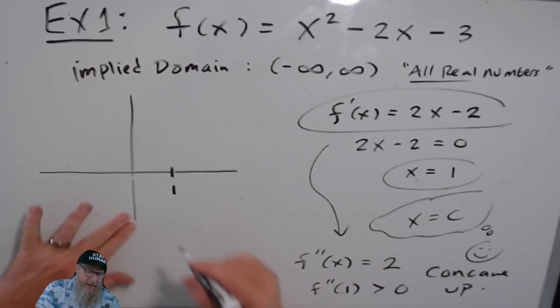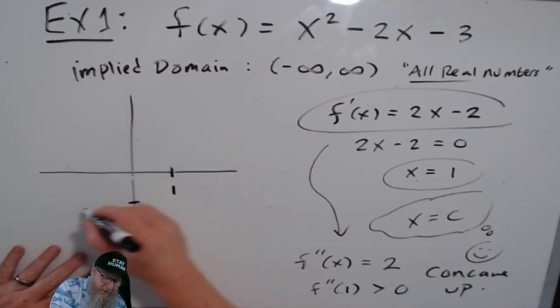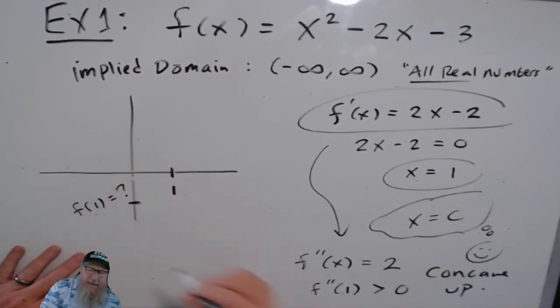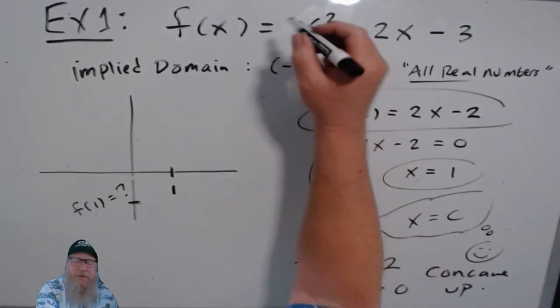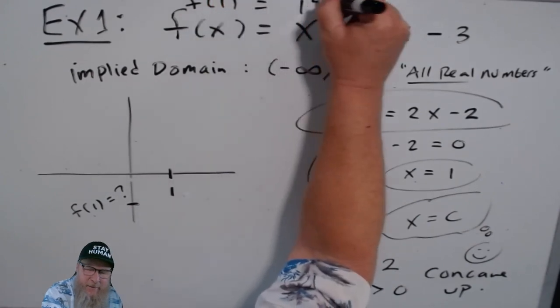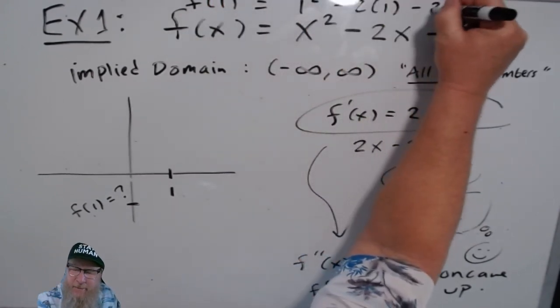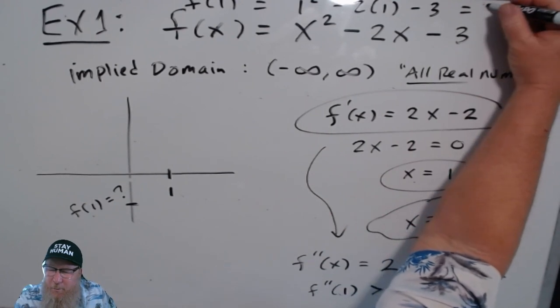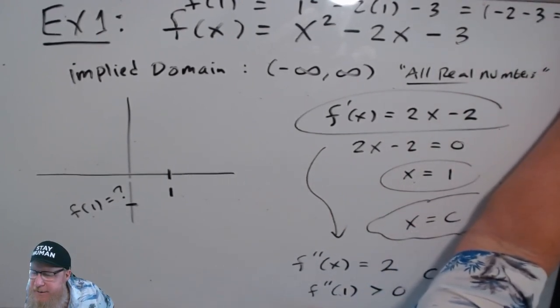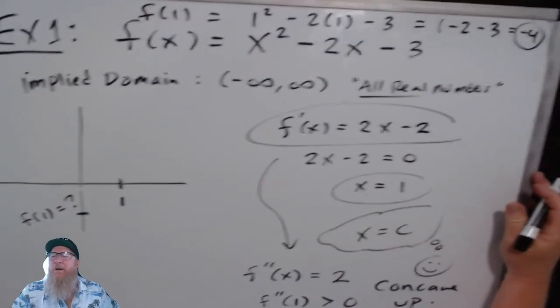So let's plug in f of 1 and find out what that is. Go up to the original function and plug in 1. And you're going to get 1 minus 2 minus 3, which is negative 4.